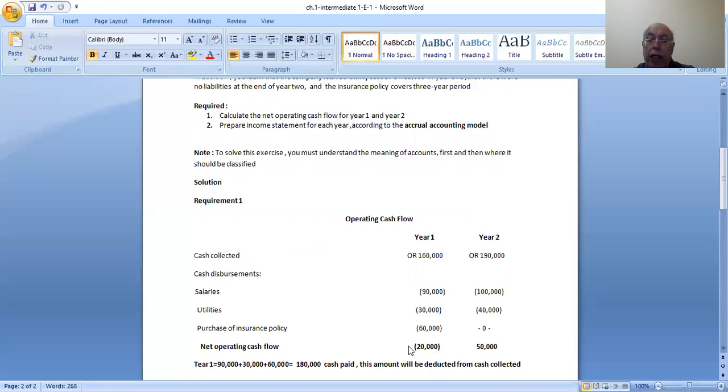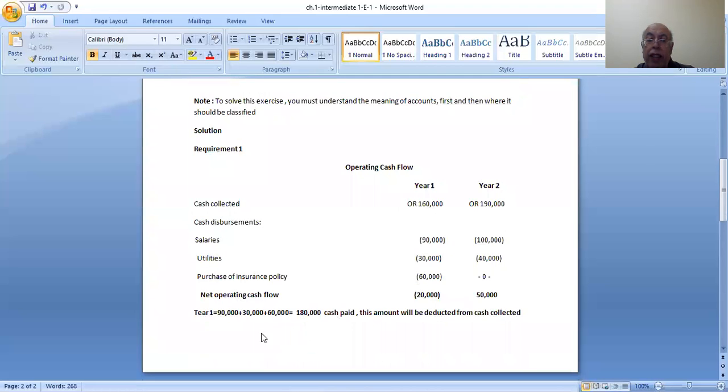So it's easy now to find net operating cash flow: the cash collected minus the summation of the expenses. For year one, it's 90,000 plus 30 plus 60, which gives you 180,000 total cash paid, and cash collected 160.